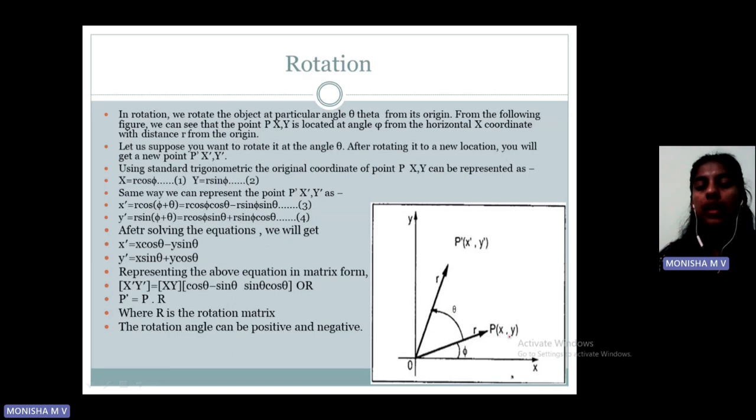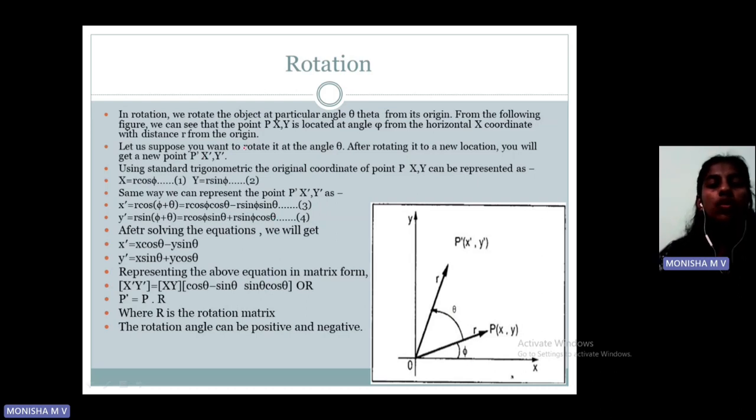The point P with the coordinates x and y is located at an angle phi from the horizontal x coordinate with the distance of r from the origin. This is the origin, this is the distance r, and this is the angle phi.